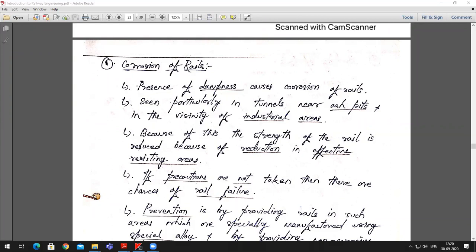If you try to remove this protection, the new layer gets exposed to the atmosphere, and then again that gets oxidized by the atmospheric oxygen, moisture, etc. And this is how the cycle goes on.